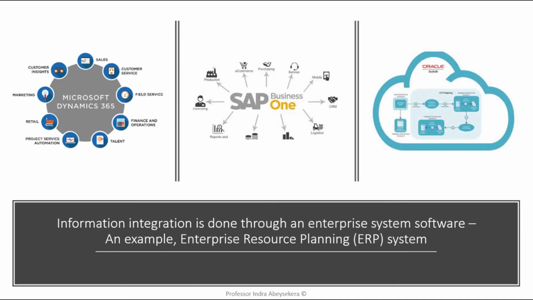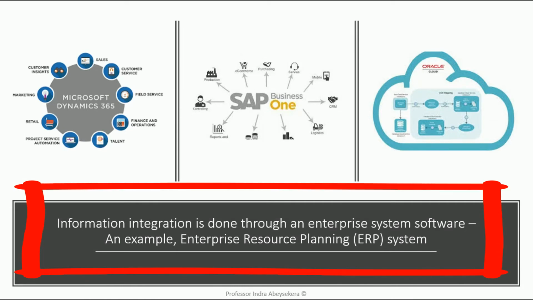When an enterprise becomes large, this information being integrated across various functional areas is done through enterprise system software. An example of that is an enterprise resource planning system.